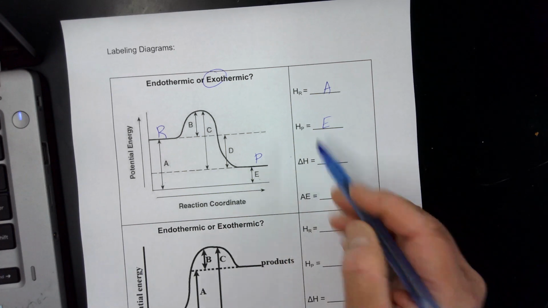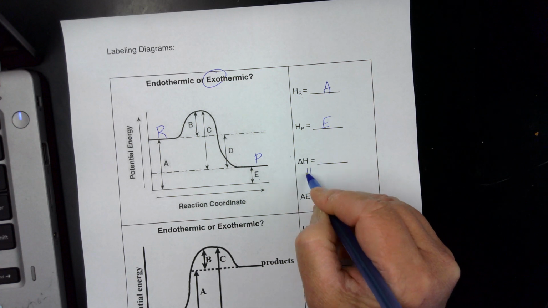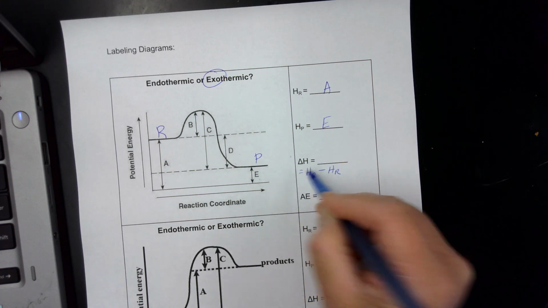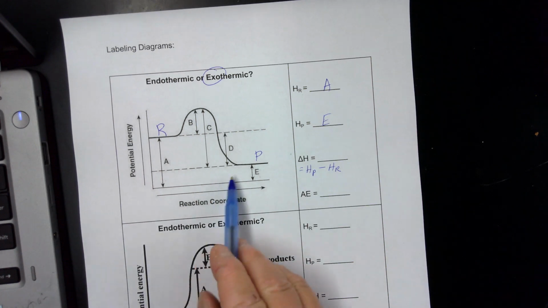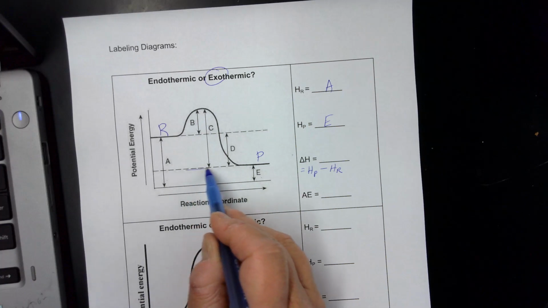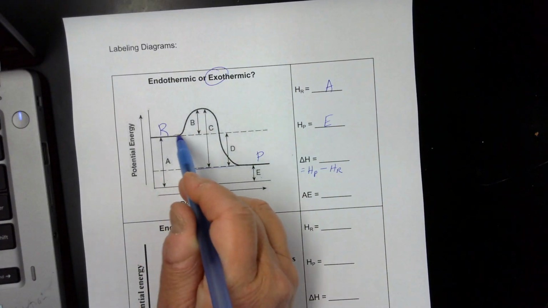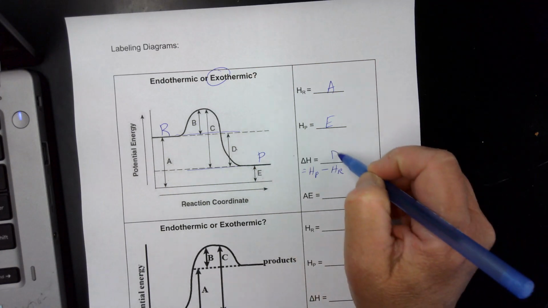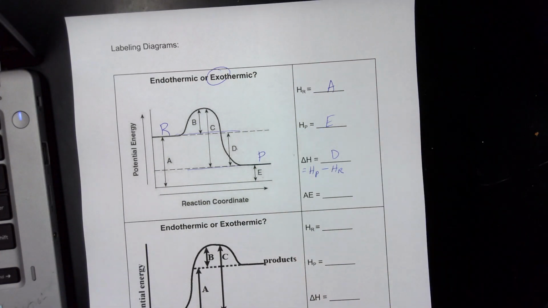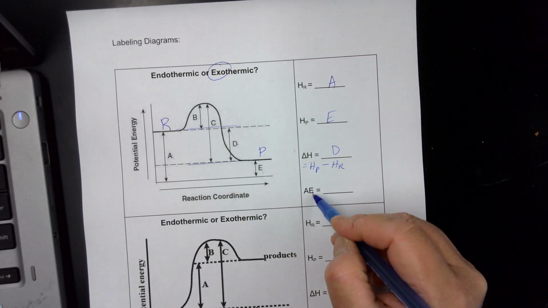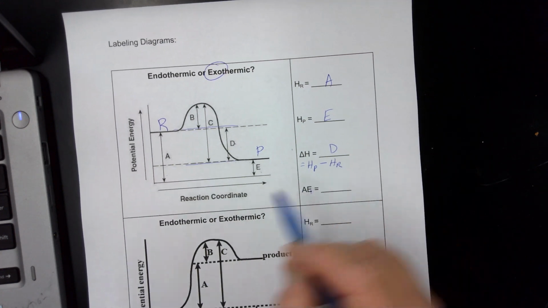The delta H is always going to be the difference between the energy of the products and the energy of the reactants. So find where your HP is, this line right here, and the energy of your reactants is here. The arrow that shows you the difference between those two lines is D. The activation energy, remember, is the energy you have to add to the reactants up to the peak.